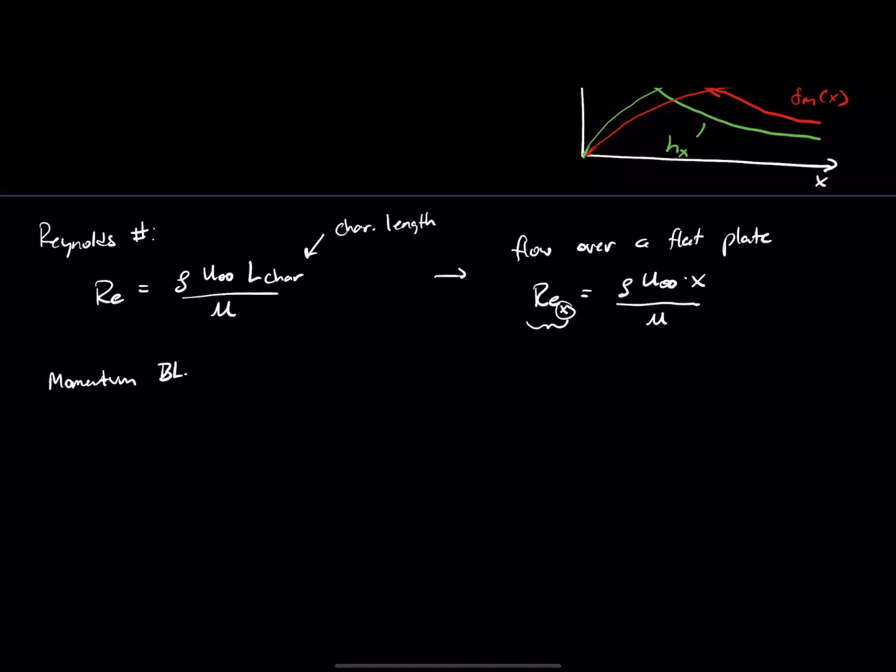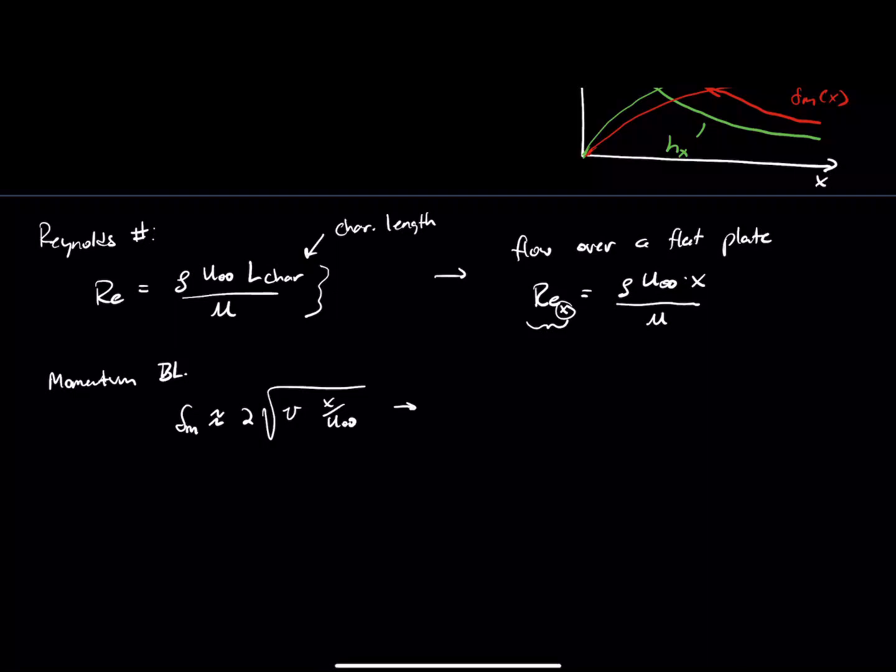The momentum boundary layer is a little easier because it's relating only the velocity, the momentum components, and if you note up here, these are all velocity or momentum related. So our momentum boundary layer model was delta_m approximately equal to 2 square root of nu times x over u infinity.